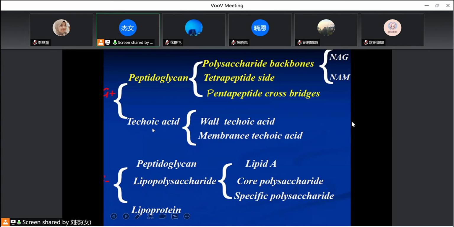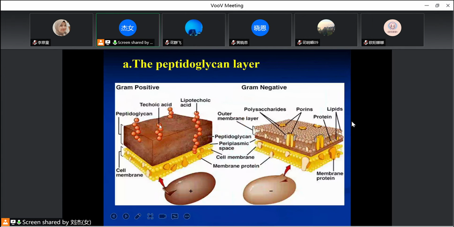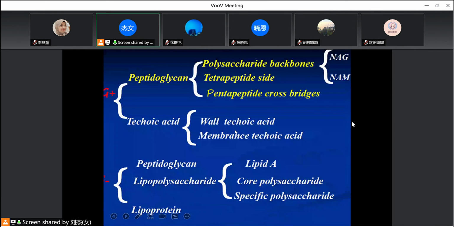And then they have teichoic acid, a wall teichoic acid as well as a membrane teichoic acid.